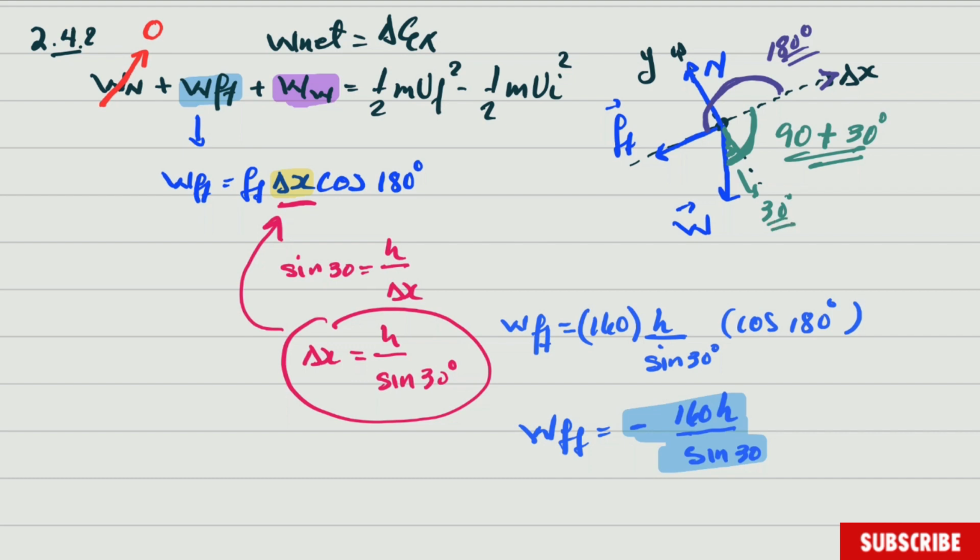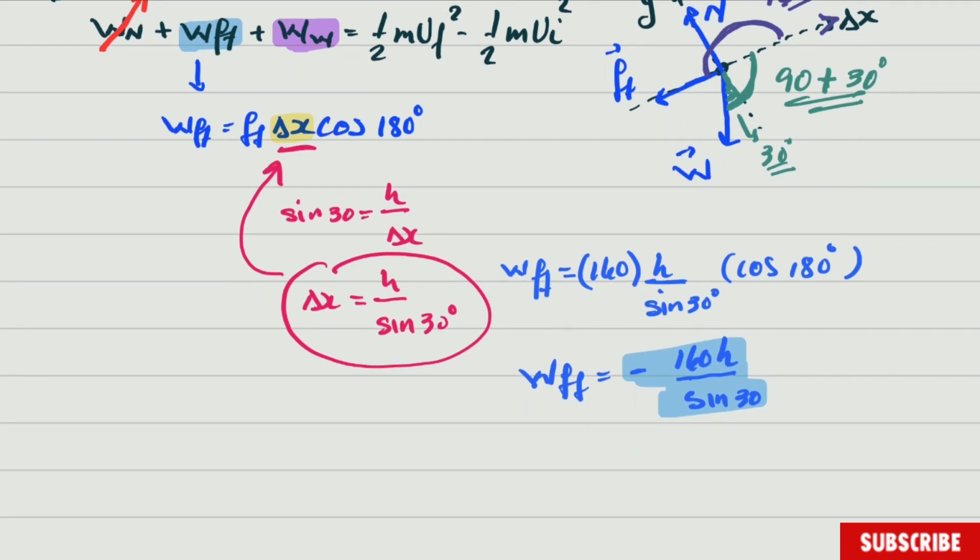So saying that, we can now attempt to calculate the work done by weight. And I said attempt because we will have two unknowns as well. But work done by weight will be equal to weight, but weight is equal to mass multiplied by acceleration due to gravity, multiplied by displacement, which remember we have it there. So displacement multiplied by the cosine of 90 plus 30, which is 120 degrees here.